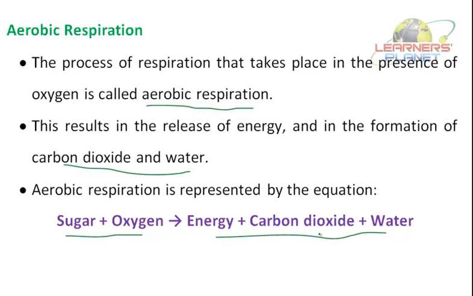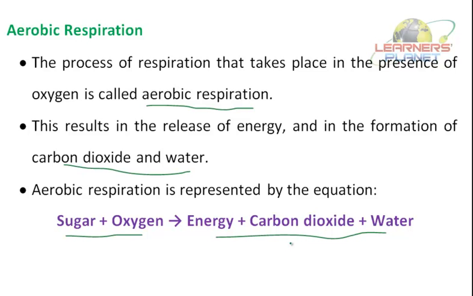So aerobic respiration is basically the complex process of chemical reactions in which oxygen is used to break down glucose into carbon dioxide and water, and energy is released. So sugar, with the use of oxygen, releases out carbon dioxide, water and energy.